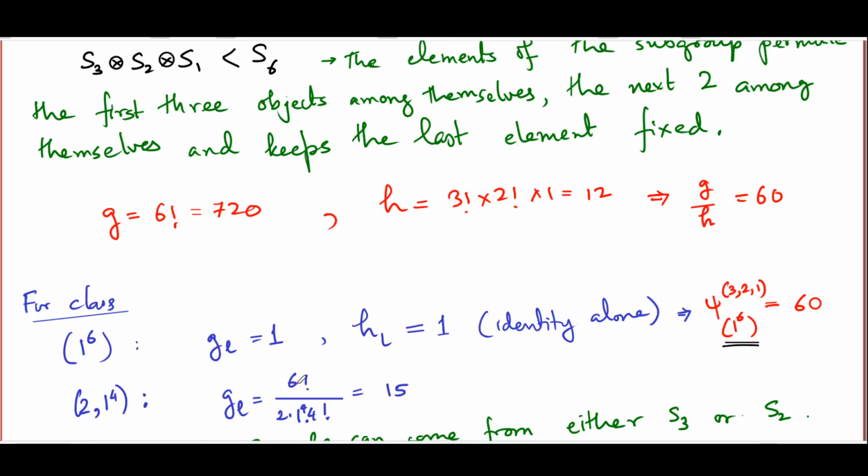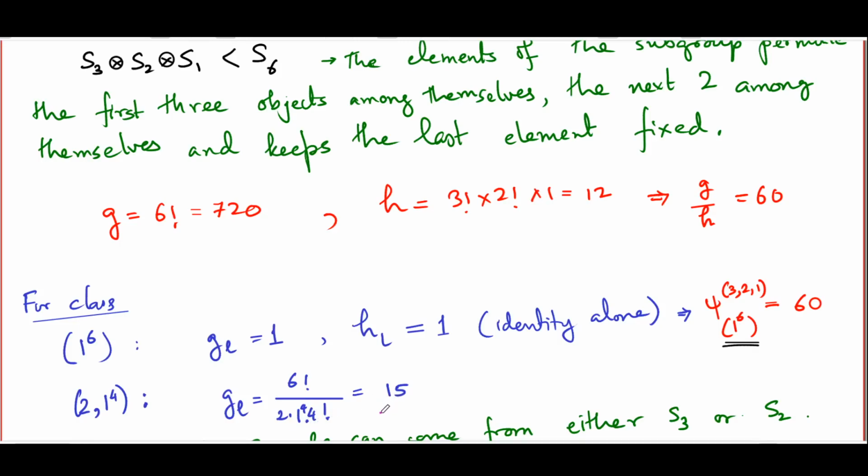GL is simply n factorial, in this case 6 factorial, divided by 2, that's because each 2-cycle can be written in 2 different ways, divided by 1 to the 4, which of course is just 1. Each 1-cycle can only be written down in one way, but the 4 1-cycles can be permuted among each other without changing the particular entity that we are talking about. So the number of distinct permutations which make up this particular class is 6 factorial divided by 2 divided by 4 factorial, which turns out to be 15.